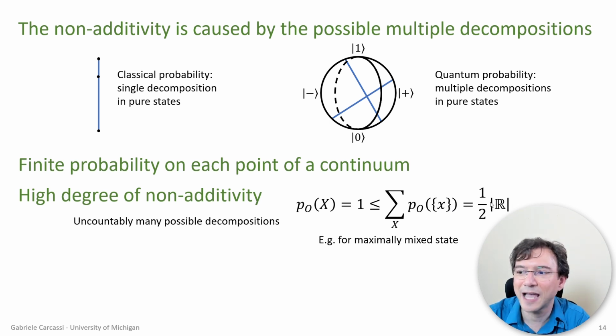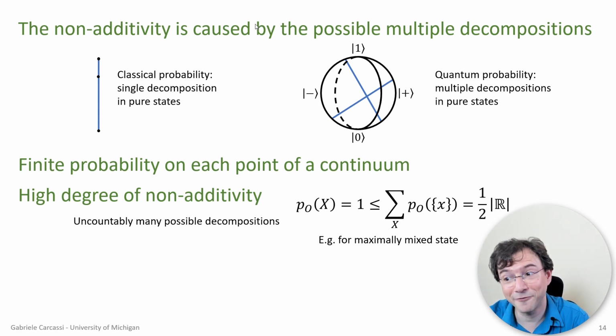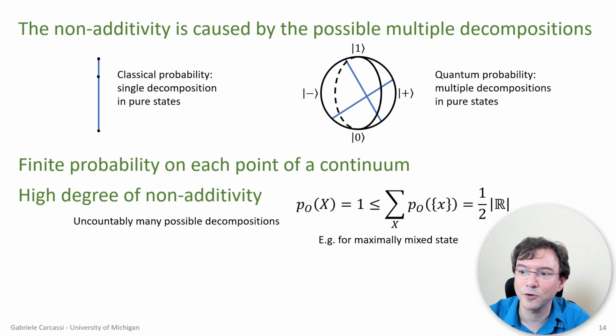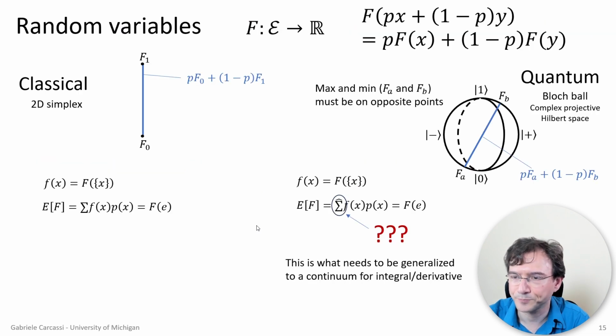And so this is the sum of 1/2 over the cardinality of R. So this is really infinite. It's a big infinity. And again, this makes sense, since we saw that the non-additivity is caused by the multiple decompositions, and we have uncountably many decompositions. The cardinality of the decompositions is like the cardinality of the continuum, so that's what we have, and so it makes sense.